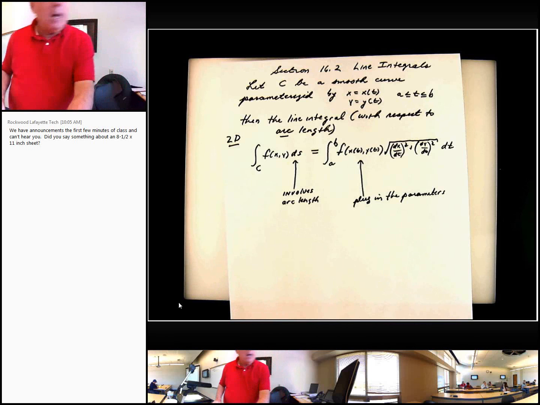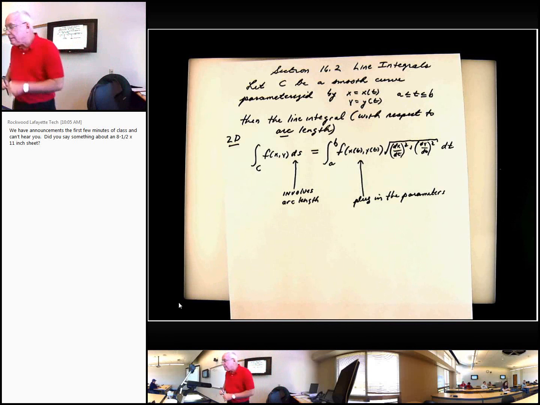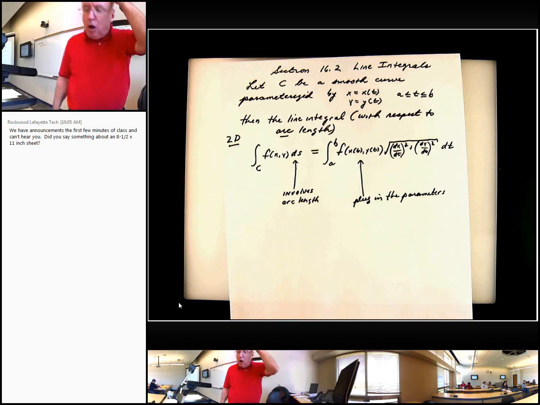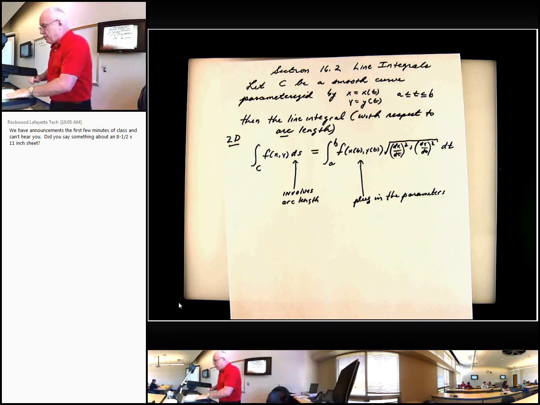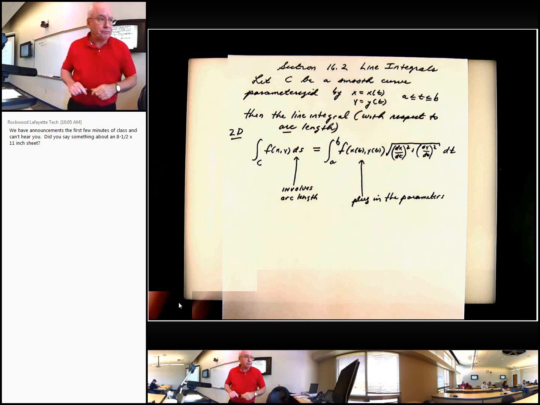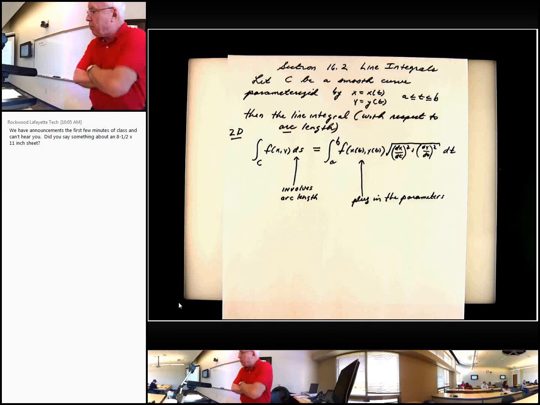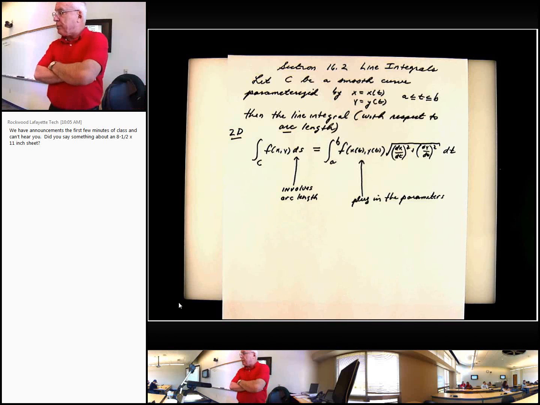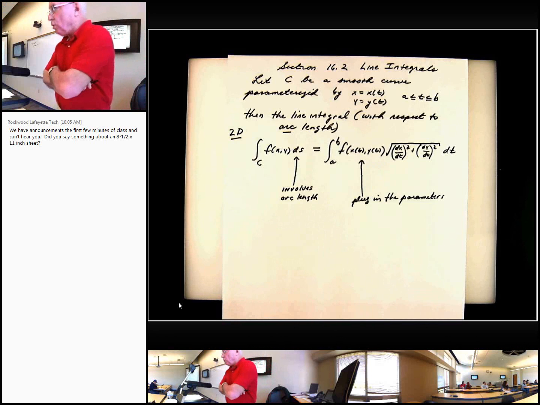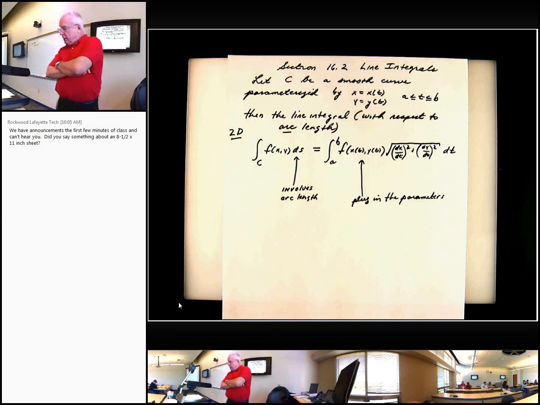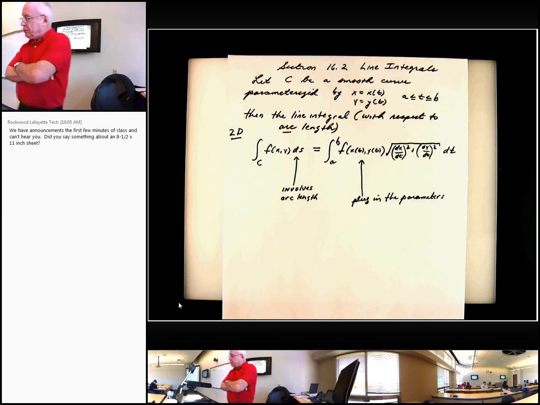All right. We're on 16.2. We're talking about vector fields and line integrals. So I put up here what we had ended the class with last time. We're talking about integrating over a curve, a smooth curve, and here we're talking about the two-dimensional case.